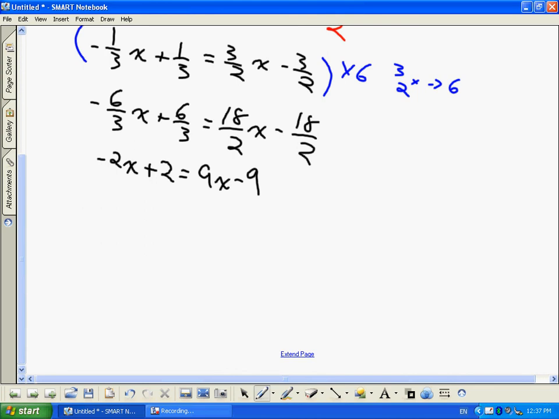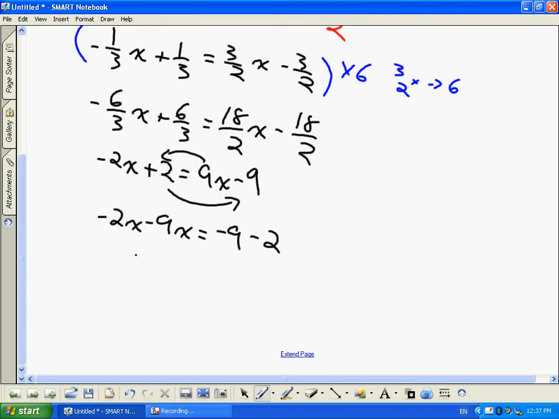I'm going to put all the x's, so any term that has a variable in it, on one side, and anything with a constant on the other. So I'm going to move this 9x to this side, and I'm going to move this positive 2 to this side. I'm going to do this all in one step in the interest of time. So negative 2x minus 9x is equal to negative 9, and this 2 becomes minus 2.